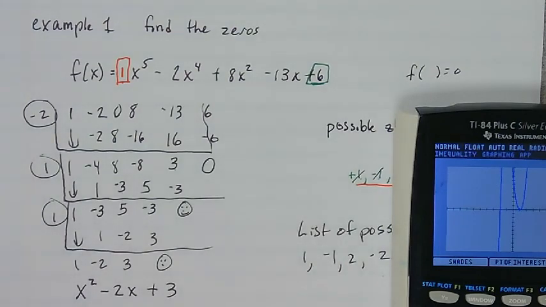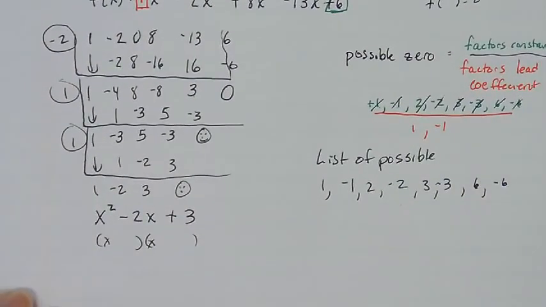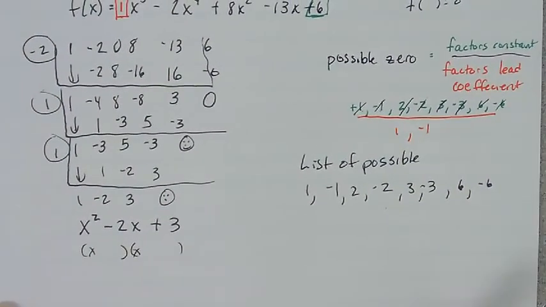So then I want to try to look and see if this thing will factor, to see if I can get my other zeros. So x, x. And what I notice on this one is it does not factor. So that means that I'm going to have to use the quadratic formula.